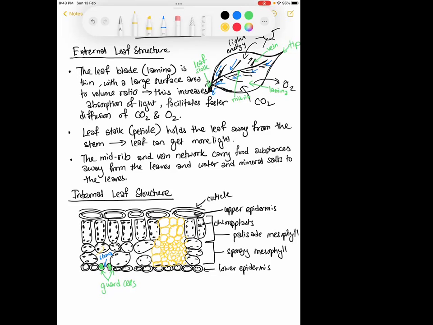So this entire thing right here is the vascular bundle.